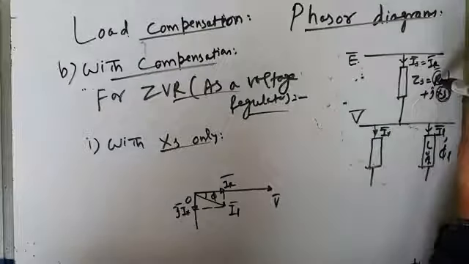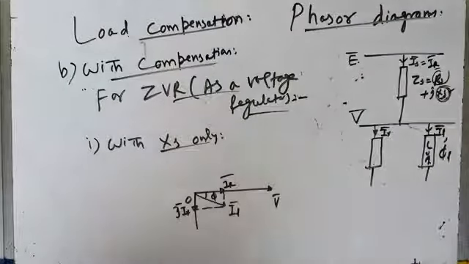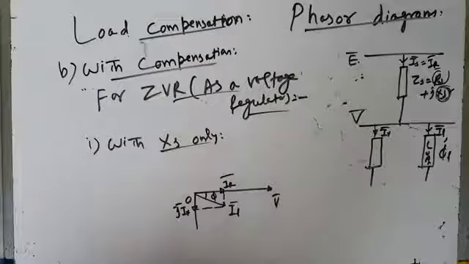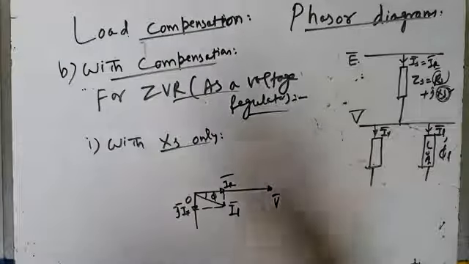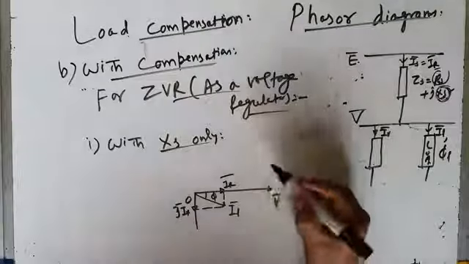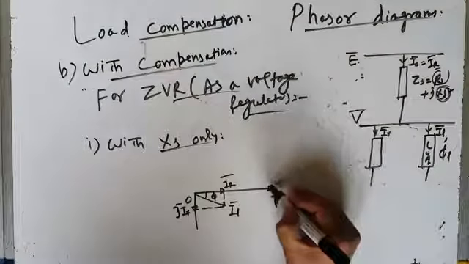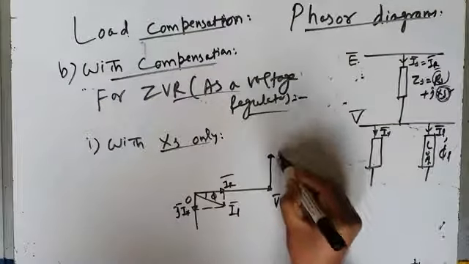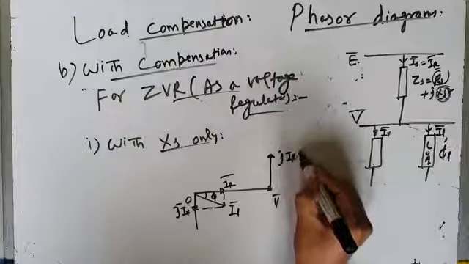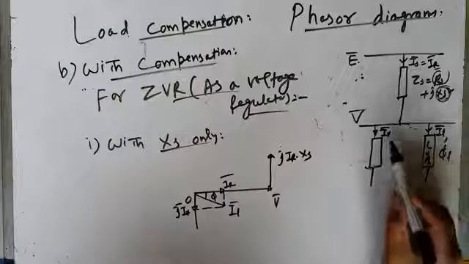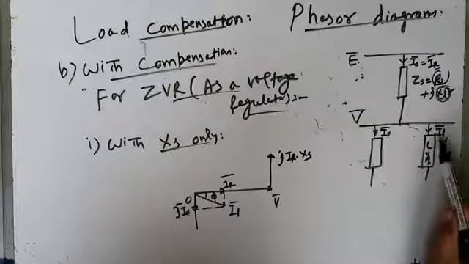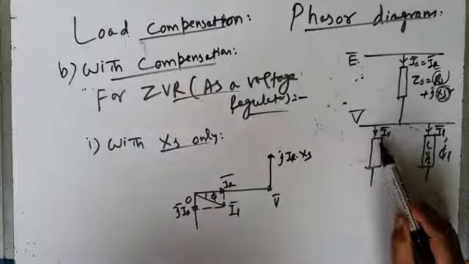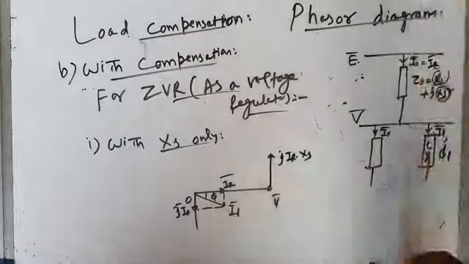Now, I am ignoring RS. I am taking only XS. Okay? Since I am taking only XS, I will have JIR into XS. Let us assume that all the reactive power demand of the load is supplied by the compensator. No reactive power comes from the source.